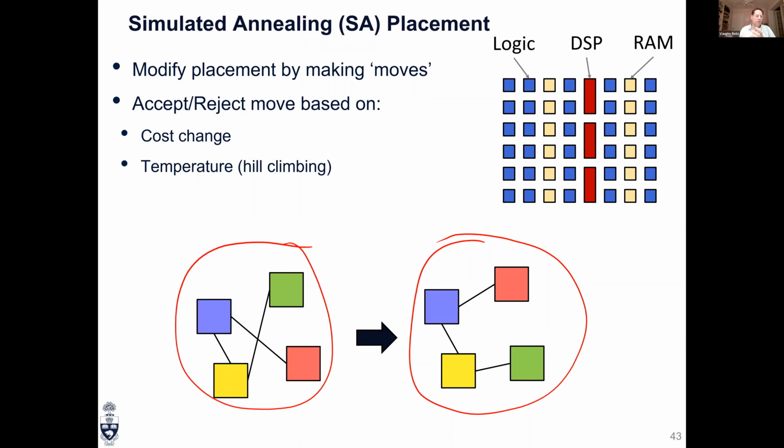Your cost change will be negative, and you'll accept it. And if the cost change is positive, meaning it appears to have degraded your placement, there's still some chance you'll accept it. Early on, the chance is pretty significant, but over time, the temperature parameter that controls how likely you are to accept degradation drops, and it becomes less likely.